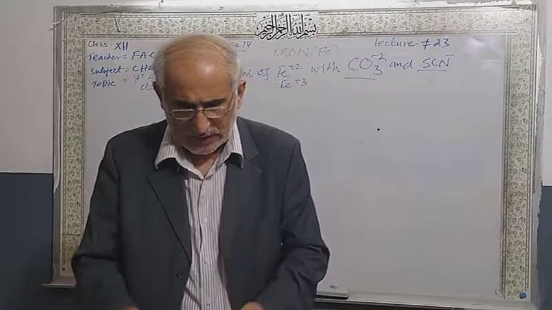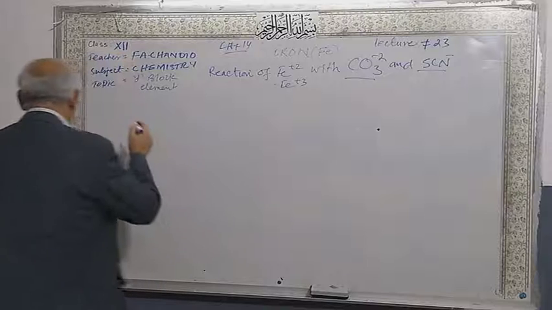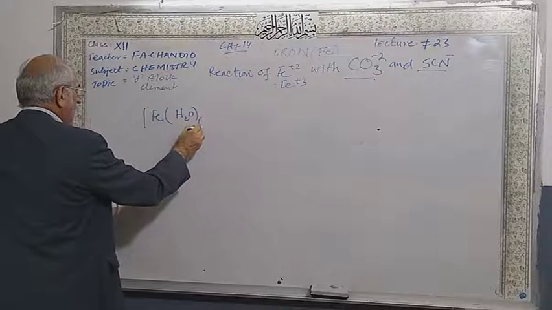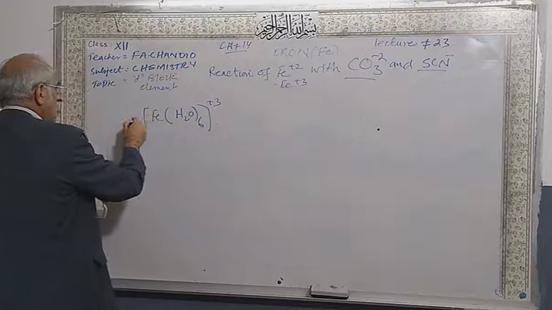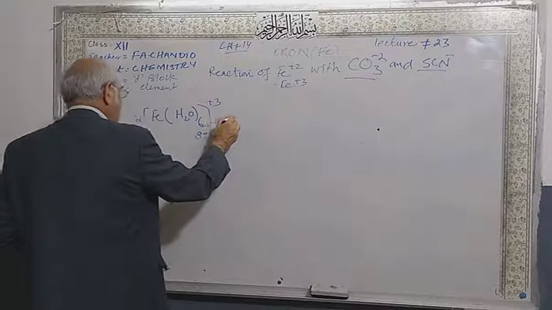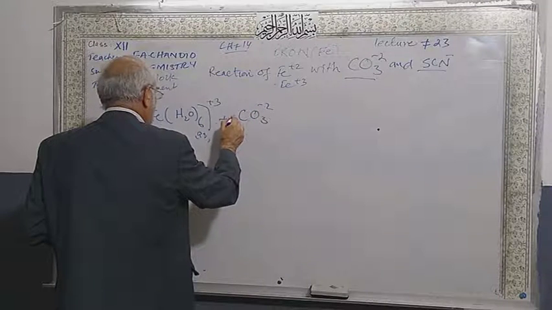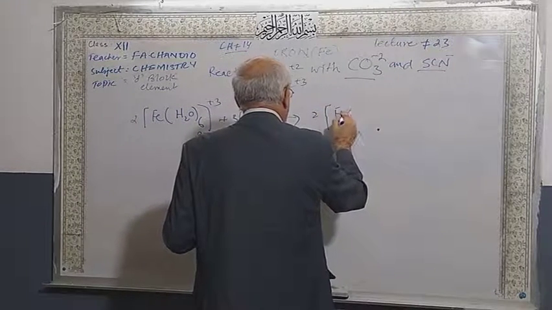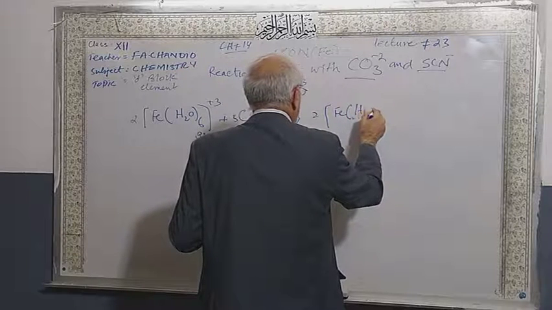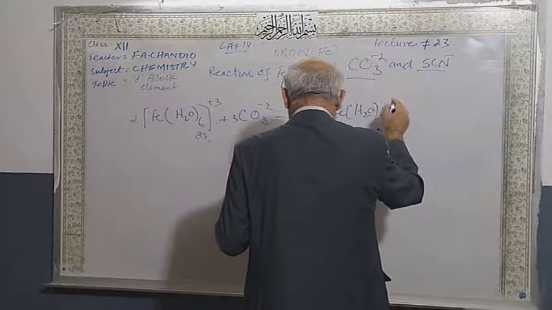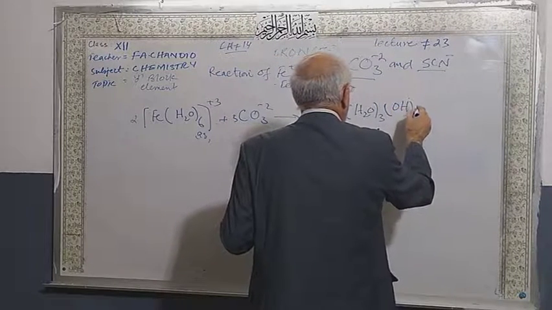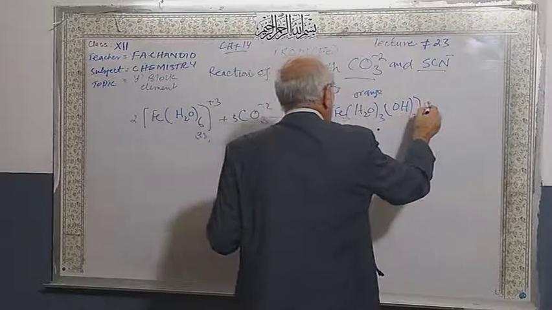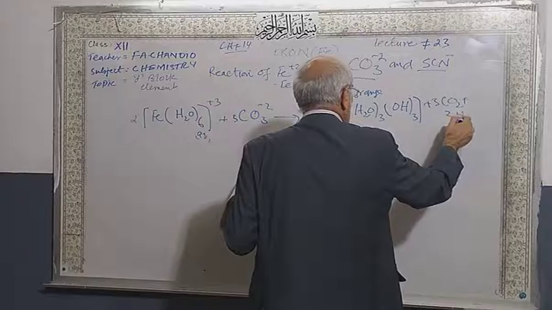You can see the chemical reaction here. Hexa aqua iron 3 ions plus carbonate 2- gives the complex tri aqua trihydroxo iron, the same result, orange, plus 3 moles of carbon dioxide gas.